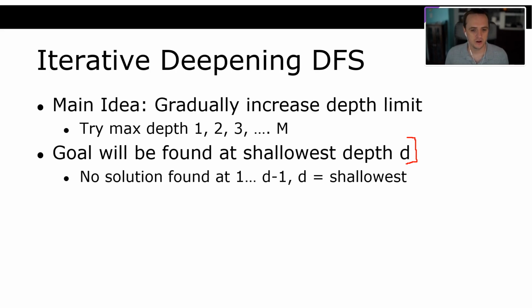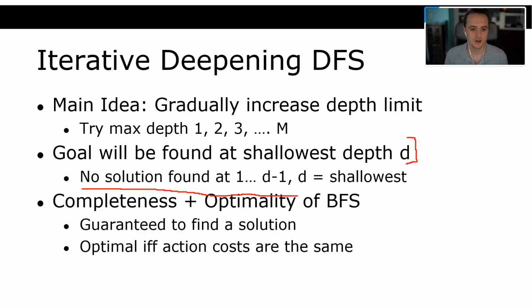And we know no solution will have been found up to depth 5, because if there was a solution at depth 4, we would have found it when we searched to depth 4. So Iterative Deepening DFS has the same completeness and optimality as BFS, because it's guaranteed to find a solution, and it will find the shallowest solution, which is optimal if and only if the action costs are the same.